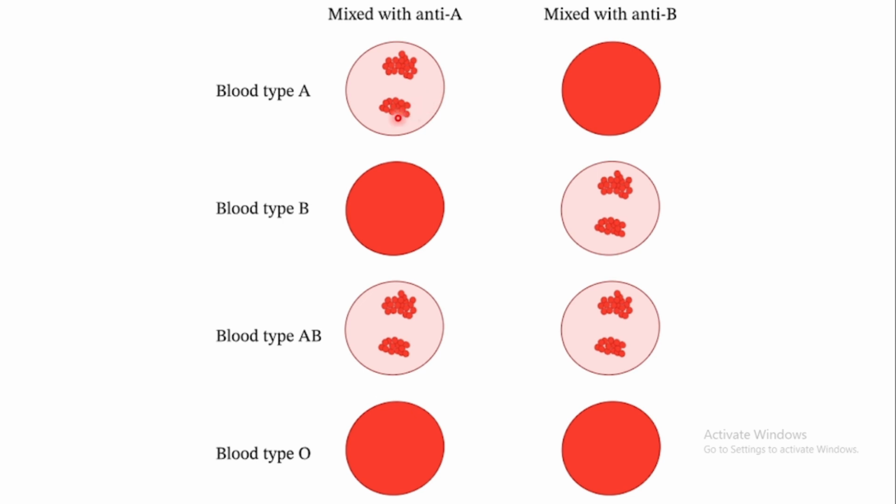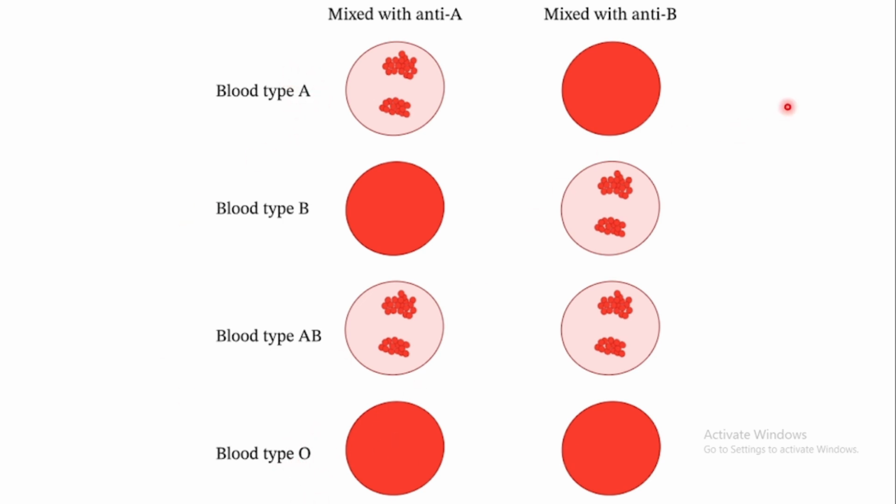If it does not show coagulation, it means antigen A was not present on the RBC. And if the drop shows coagulation with anti-sera B, it means B antigen is present on the red blood cells. If it doesn't show any coagulation with anti-sera B or anti-B antibodies, it means B antigen was not present in the blood.